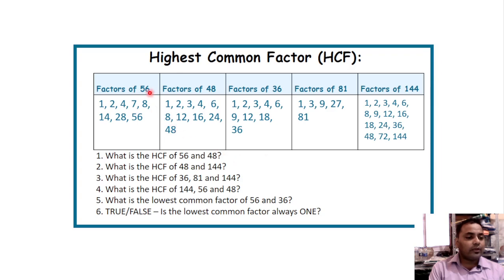So for 56 and 48, the highest common factor is, you can see, we have 48, there is no common, 24 is no common, 16 is here when we multiply 8 by 2, so it gives 16 and 16 is here.